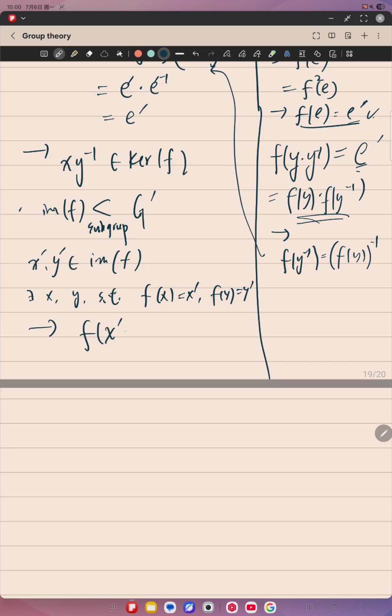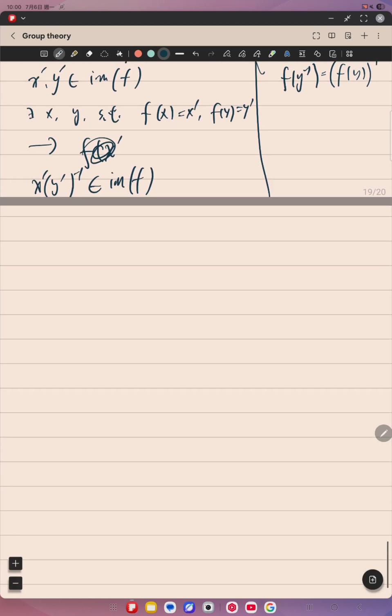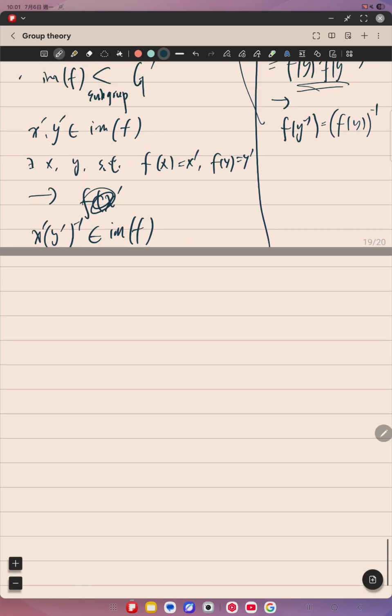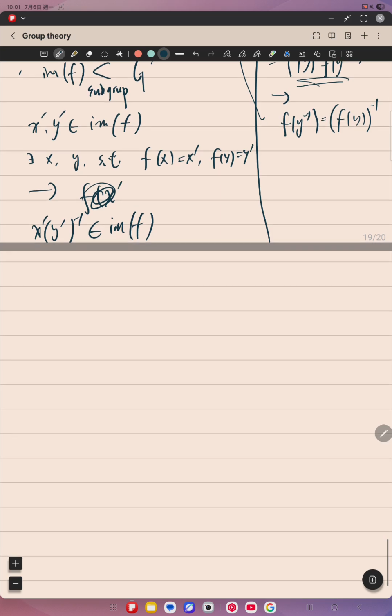Now I want to show that x prime y prime inverse is in image F. So I want to find a pre-image.